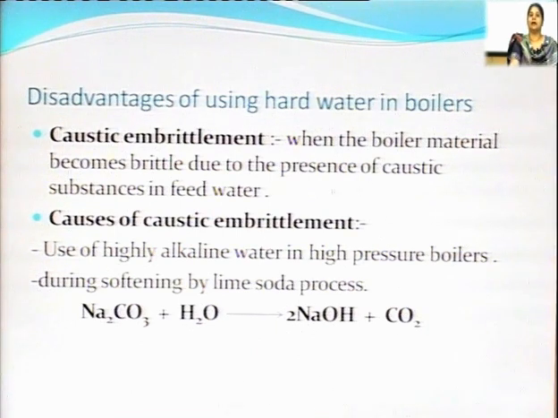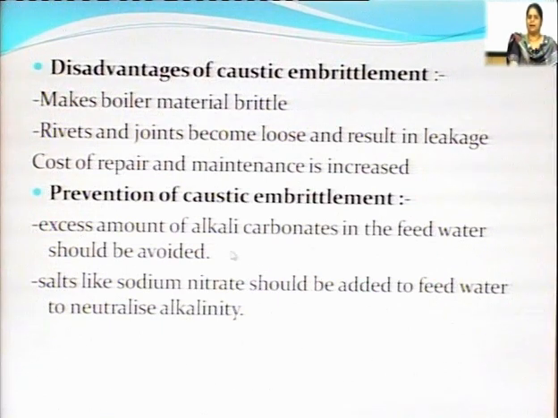These alkalis may be present due to the use of sodium carbonate during softening by the lime soda process. When we soften water using the lime soda process, the sodium hydroxide which is released is mainly responsible for caustic embrittlement.